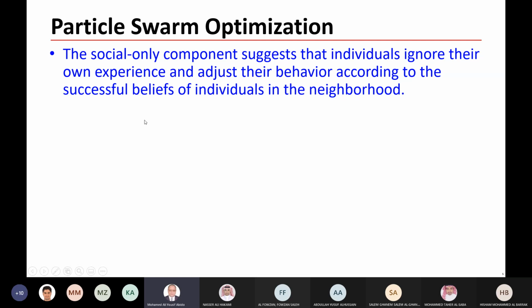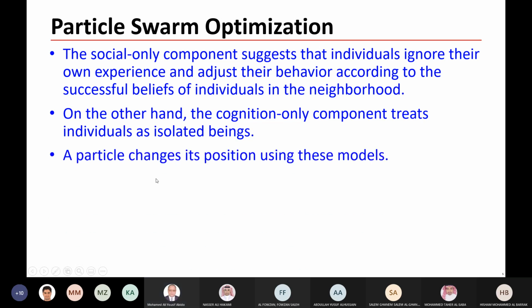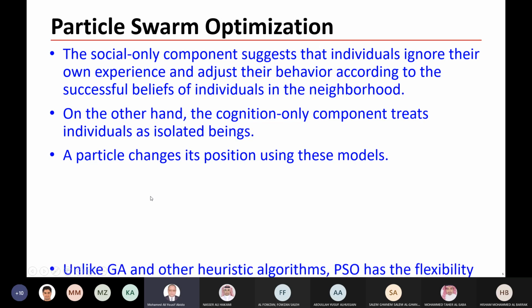This is the social part. On the other hand, the cognition component treats individuals as isolated beings, and you are learning from your own experience. A particle changes its position using both models, as we will see later when we talk about the update of velocity and position.